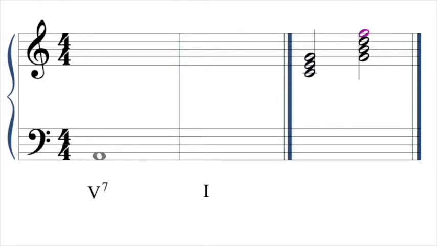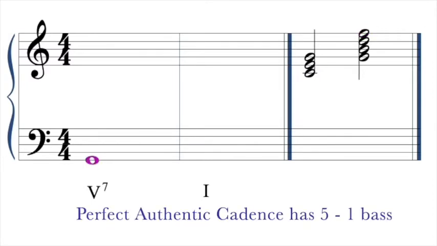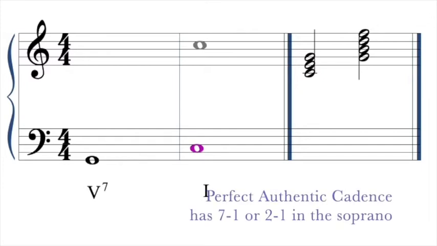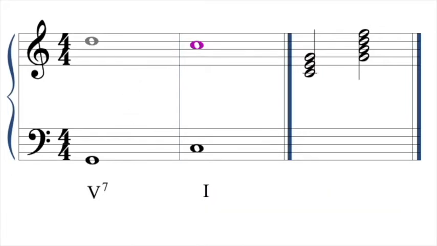We know that if these are root position, the 5-7 chord has scale degree 5 in the bass, and the 1 chord has scale degree 1 in the bass, the tonic. If we want to make this a perfect authentic cadence, then it would also have 1 in the soprano line, and that would be approached either by scale degree 2 or by scale degree 7.